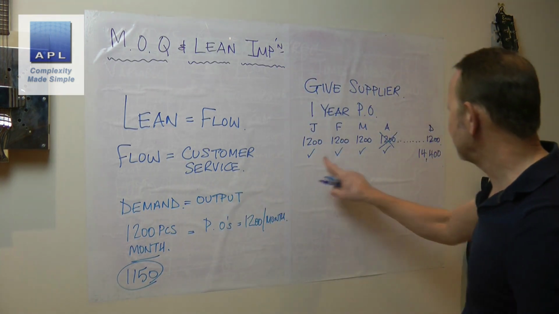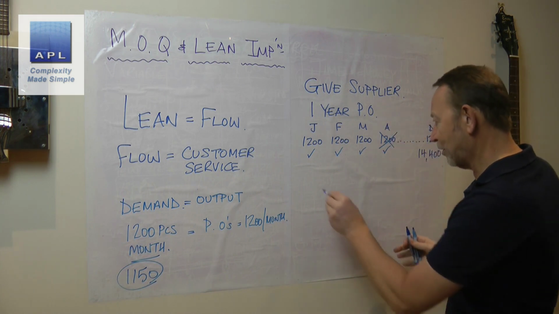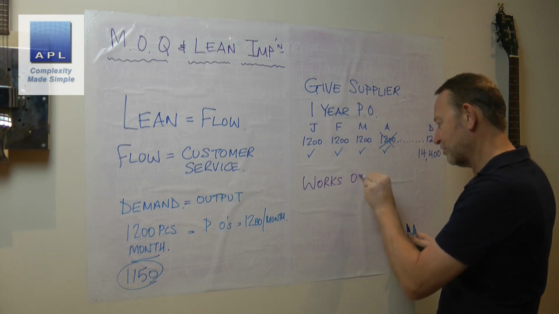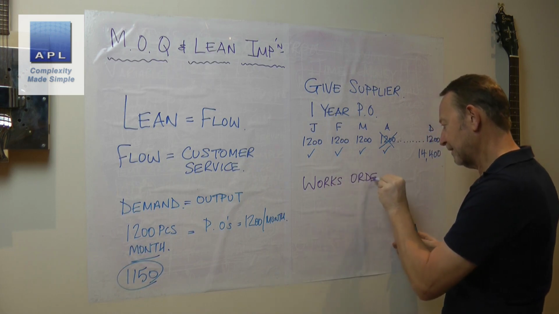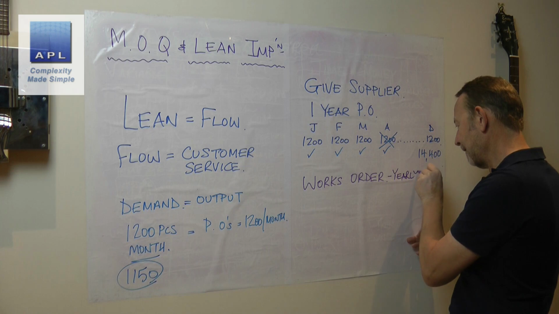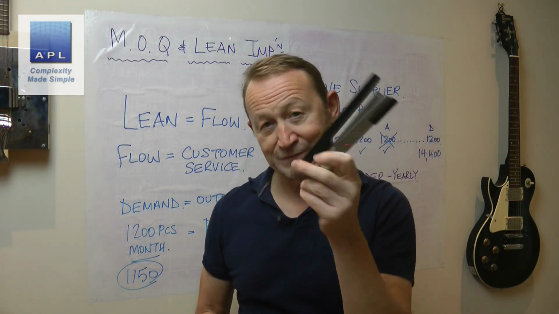Now, of course, this idea of putting one yearly order on there also applies to works orders. So it's the same thing. Why don't you put one yearly works order on there? You know you're going to make however many of these.